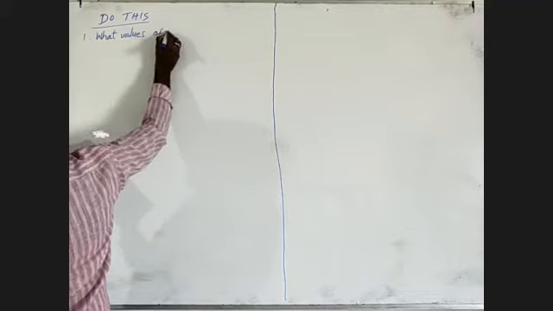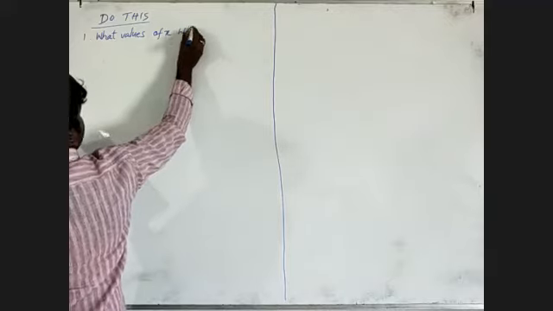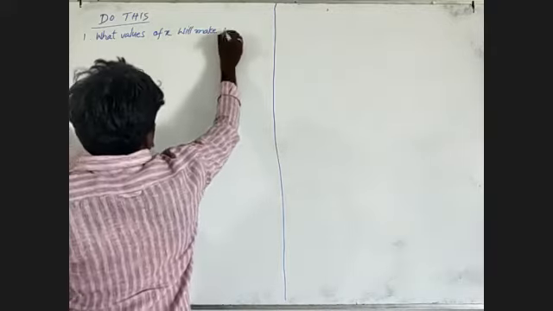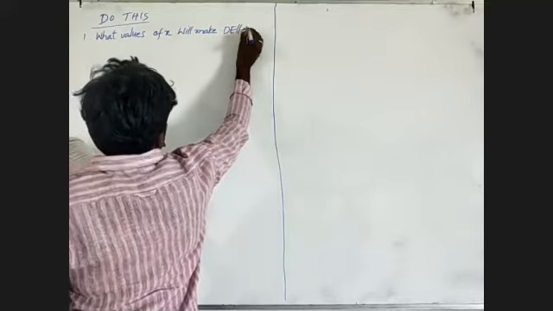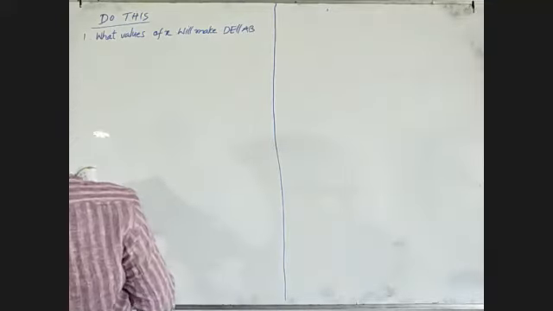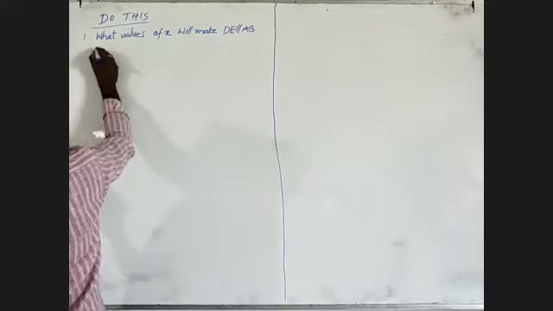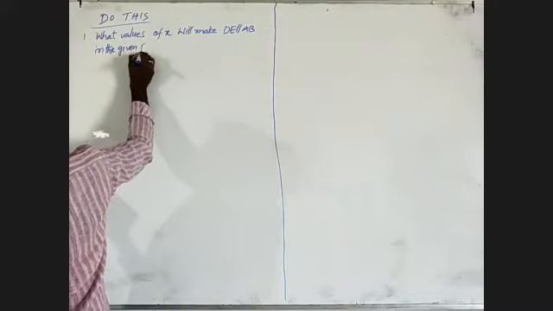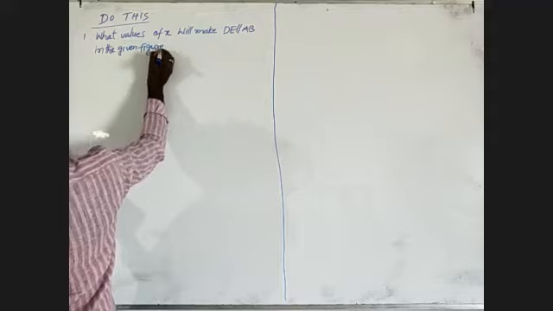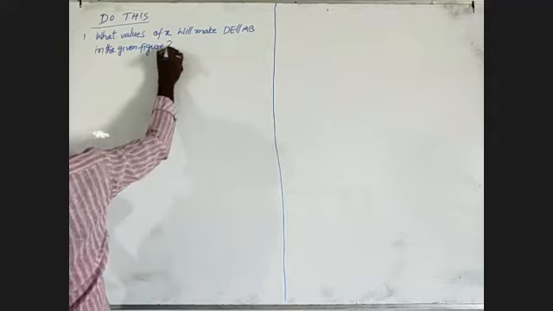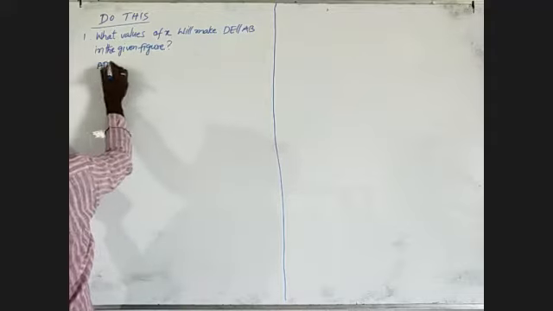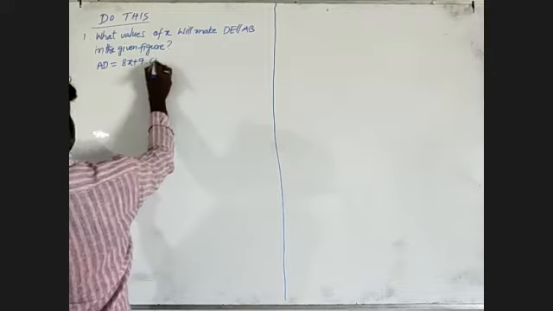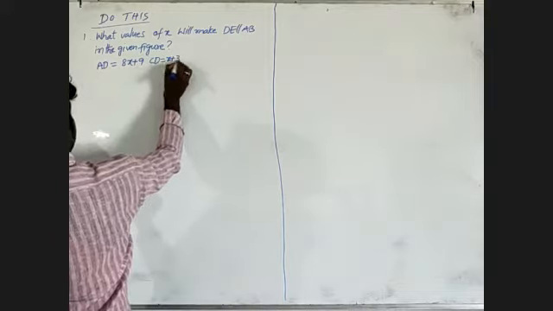what value of x will make DE parallel to AB in the given figure. The values are given where AD is equal to 8x plus 9, CD is equal to x plus 3.